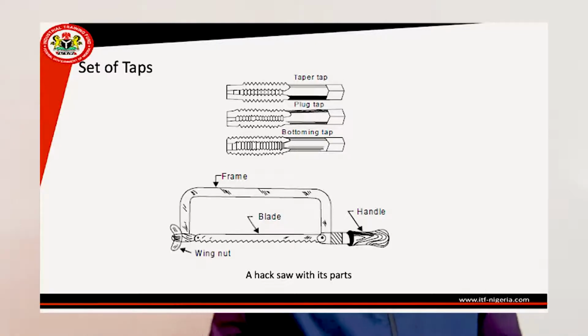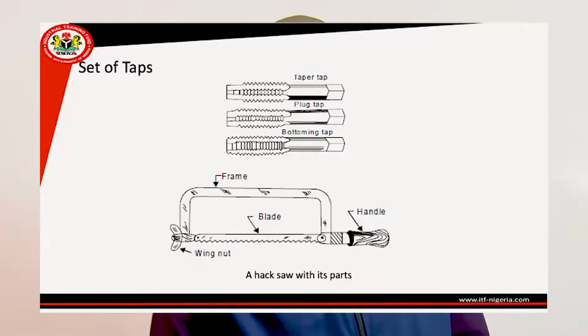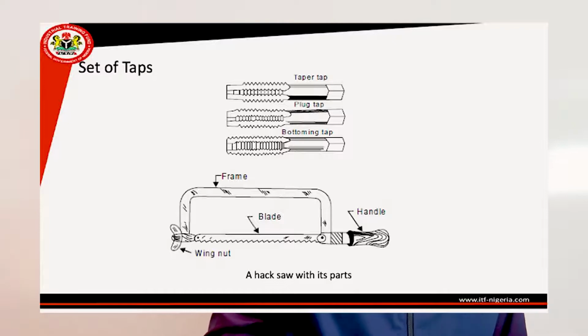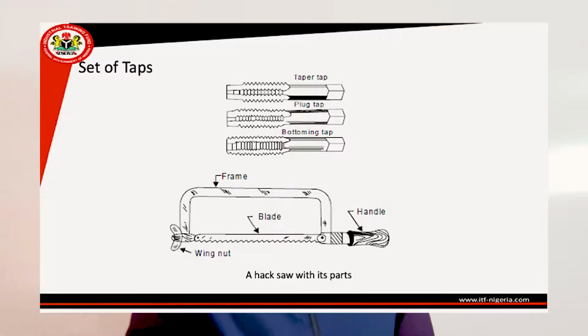As you can see from the screen, the simple device has a handle with a frame, the blade installed, and wing nuts at the other end to add tension to the installed blade. The essence of the tension is to give the blade the required strength to drive through the cut piece. All these are the important cutting tools that are readily available in any workshop.